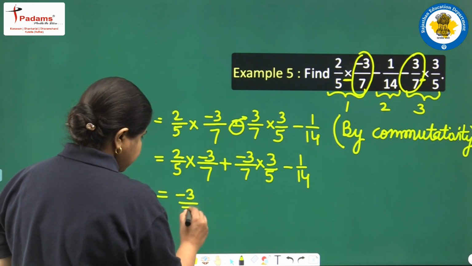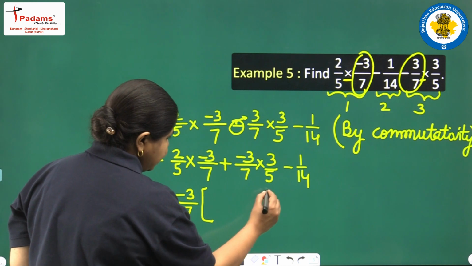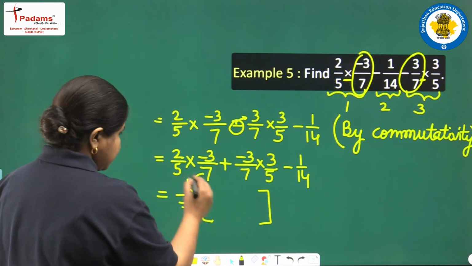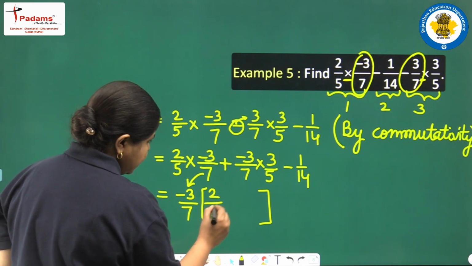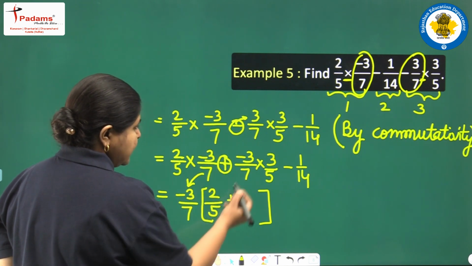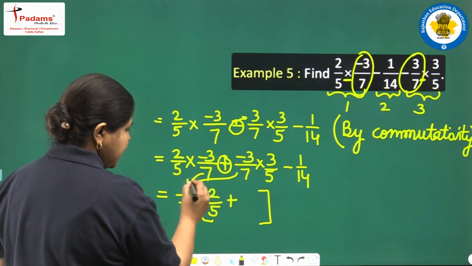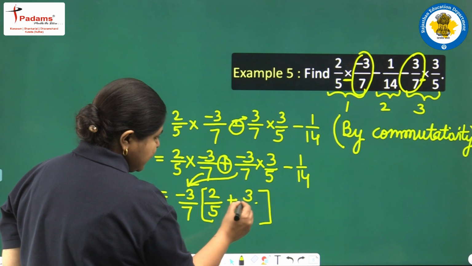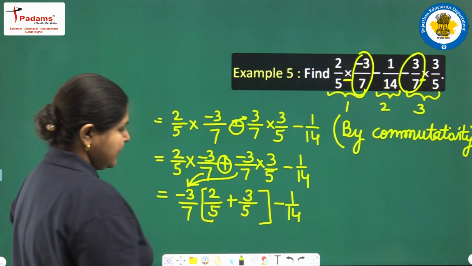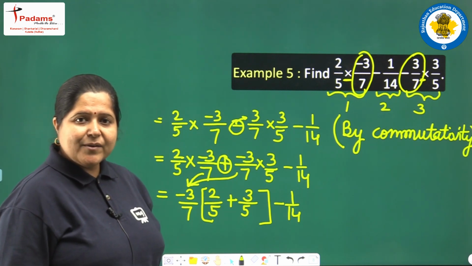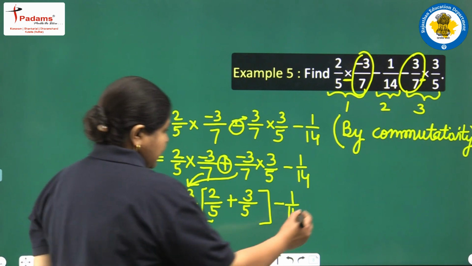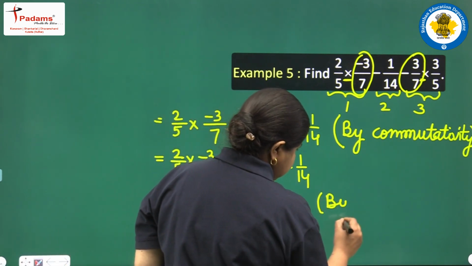Minus 3 by 7 is taken common, and what are we left with inside? Minus 3 by 7 is out, 2 by 5 inside. Plus, why plus? Because here it is plus. So plus, minus 3 by 7 is again outside and 3 by 5 inside, minus 1 by 14. Which property has been used here? It is called distributivity.